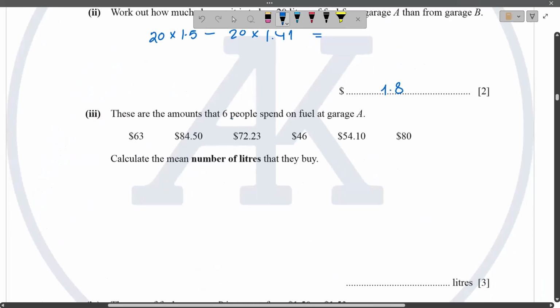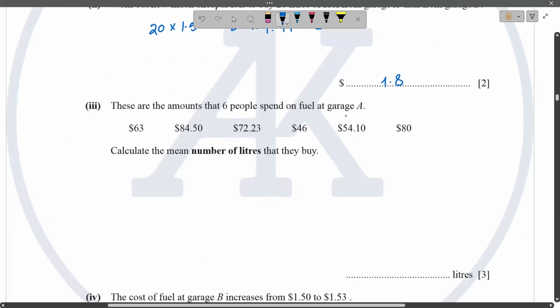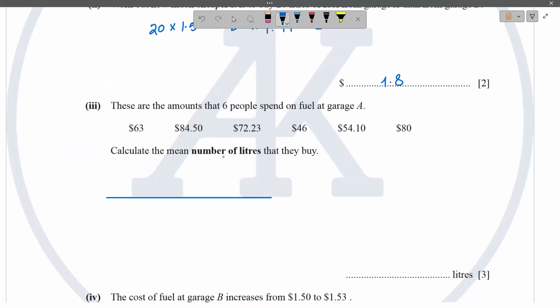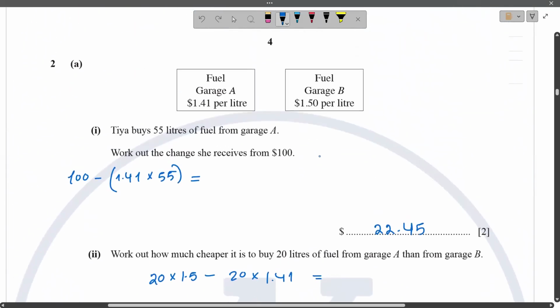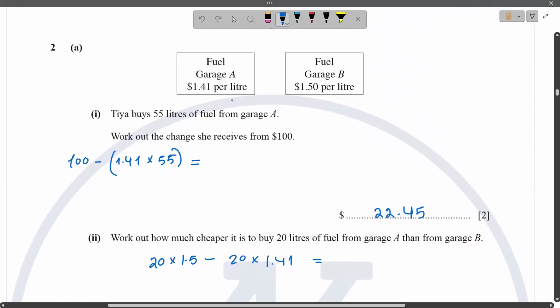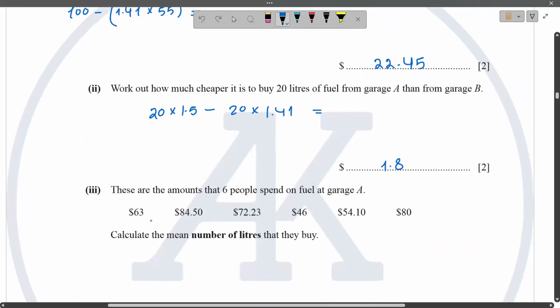These are the amounts that 6 people spent on fuel at garage A. Calculate the mean number of liters that they buy. So we need here to calculate the number of liters from garage A. So I need to get first the number of liters in each one, then get the mean of them.